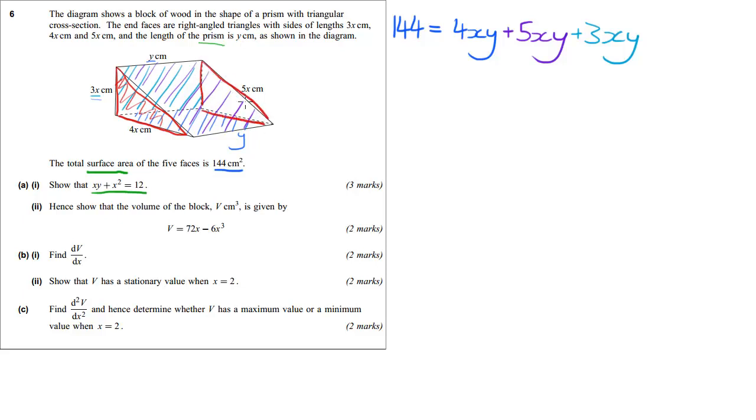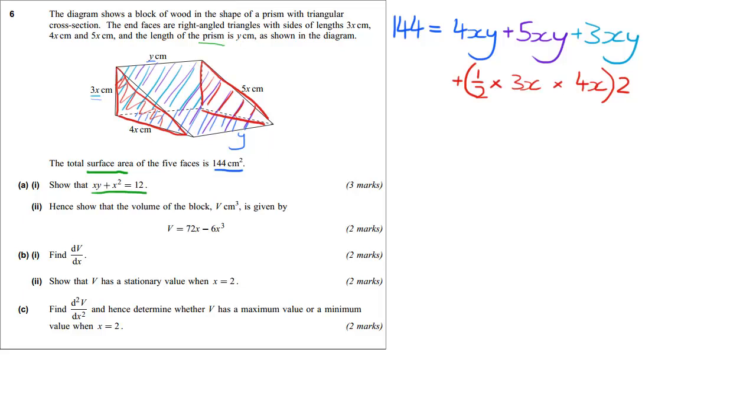So you understand what I'm talking about. These two are going to be plus half times by 3x times by 4x, and of course we have two of them.